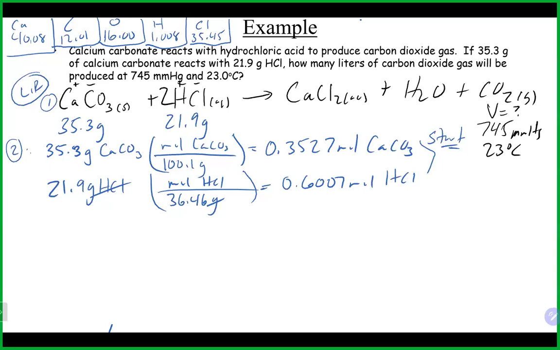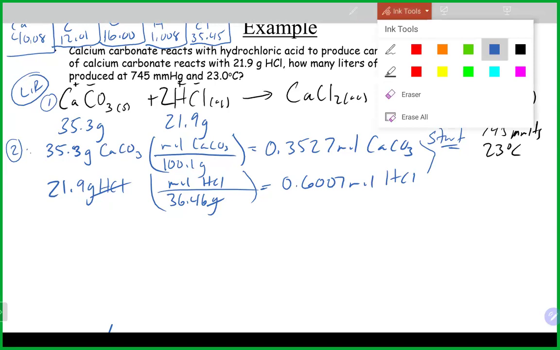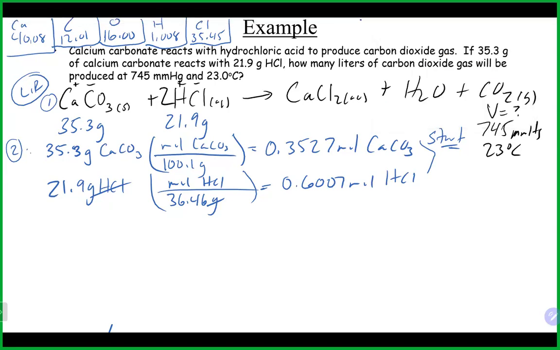So one way to figure out the limiting reagent, like we've been doing, is we just take one of the reactants and try to figure out how much of the other one we need to use it up. So I'm going to figure out how much HCl I need. To do that, I'm going to take the starting amount of my calcium carbonate.